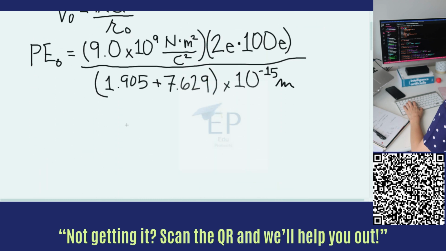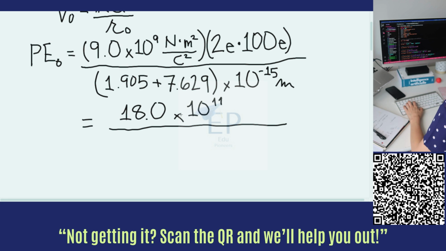If you plug those in, I believe you're left with an intermediate quantity here of 18.0 times 10 to the 11th Newton times meter squared over Coulomb squared times these units of electron charge, positive electron charge squared, over 9.53 times 10 to the negative 15th meters.